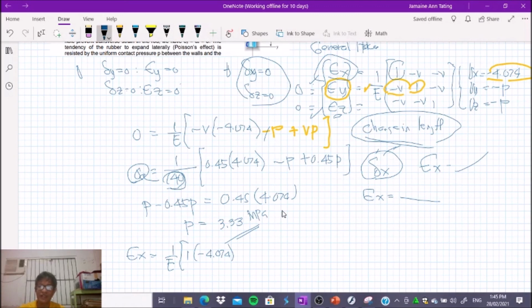So magiging plus na. So plus 0.45 times yung P is 3.33. Okay, ito yan. Ito at saka ito, plus ito at saka ito. So, i-multiply na lang natin ito ng 2. Then, substitute for E equal to 40. Then, we will get the value equal to what? Okay. Negative ang makukuha natin kasi yung that is compression. So, divide na natin 40.